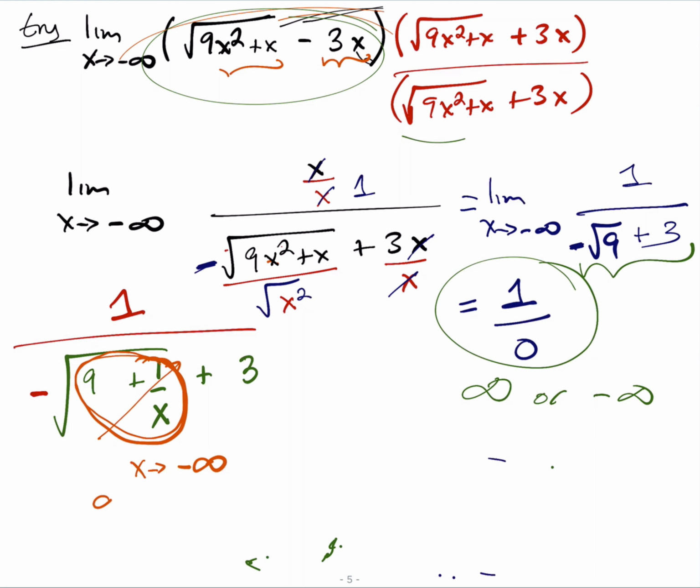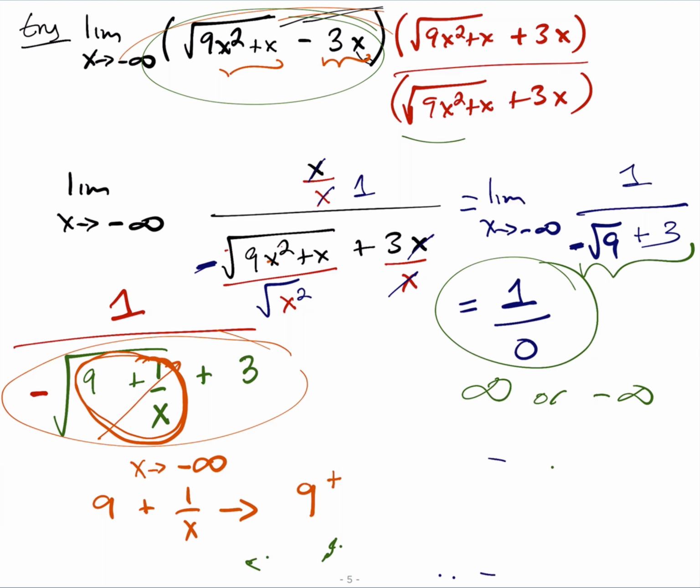So 9, let me write it down just to make the point. 9 plus 1 over x is approaching 9, right? Okay, but the key thing here is it approaching 9 from numbers that are less than 9 or greater than 9? That's the important thing because that's going to tell you what the sign is overall. So which one is it?